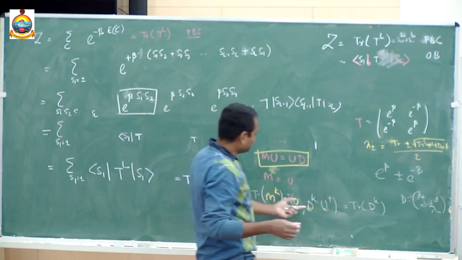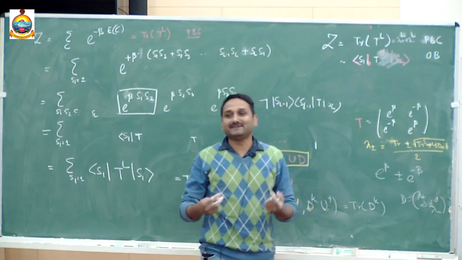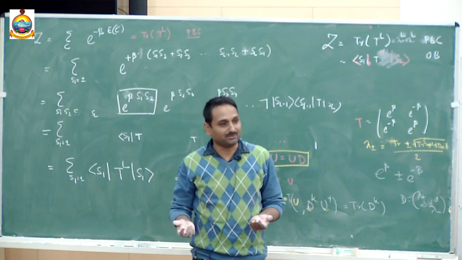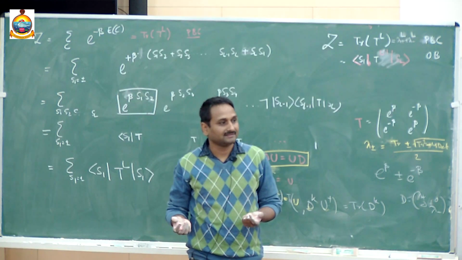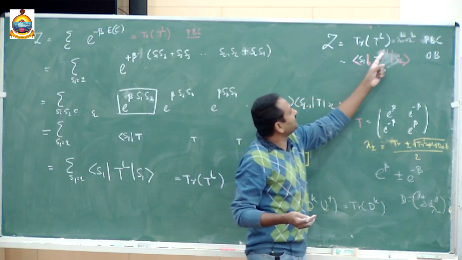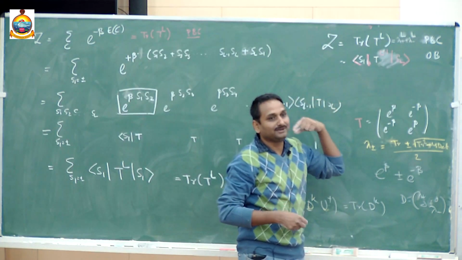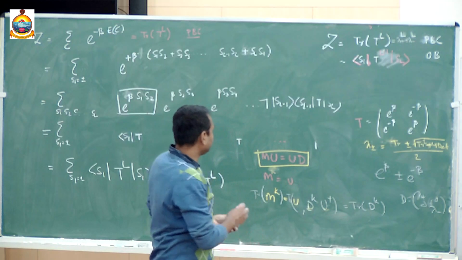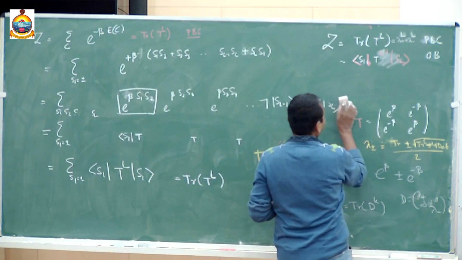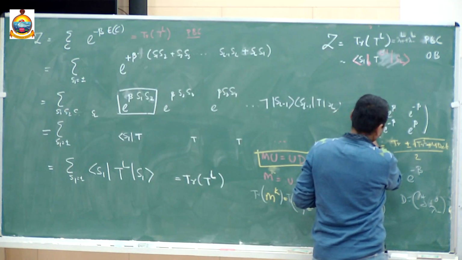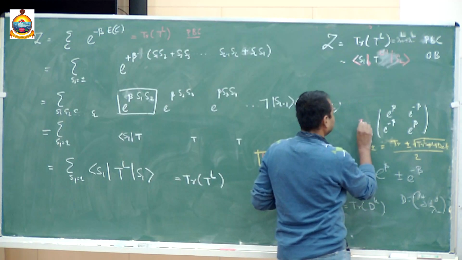You cannot use only the eigenvalues, because you need U now. T to the power L minus 1 has to be explicitly calculated, and you have to find the corner element. For that you have to calculate it properly. Let me quickly do that, and you can do it at leisure at home. So that's basically T equal to that.